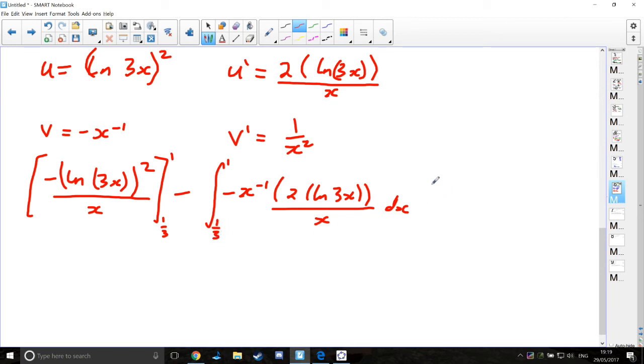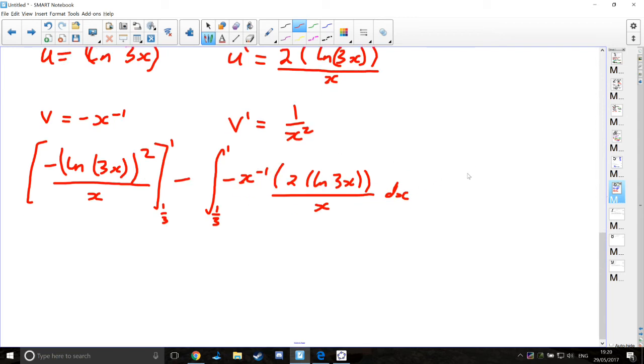Okay, so we can tidy this up a fair bit. What we can do is we can say, well, minus x to the minus 1, well, there's a minus here, minus there, so that's going to give us a plus. We've got x to the minus 1, x on the bottom, that's going to give us over x squared. We've got 2 ln 3x. This 2 is just a constant.